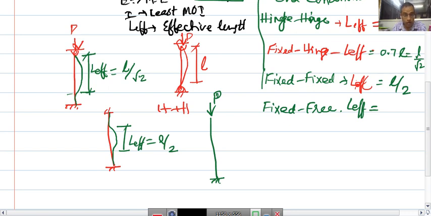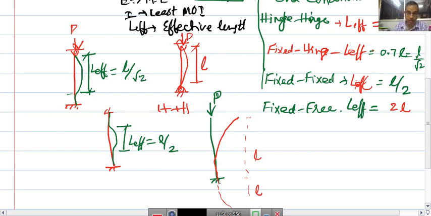It is going to buckle so freely, it is something like this. The entire thing is buckling, if it gets free, this is your total length and it is assumed to be on the other side, this is also L. So, total length is your 2L.